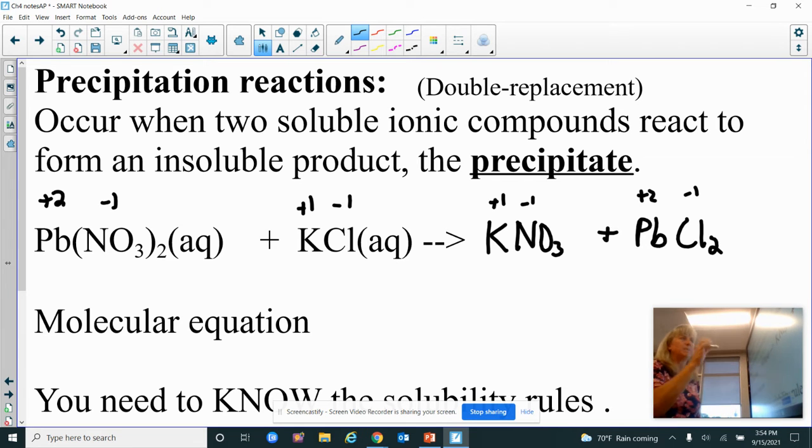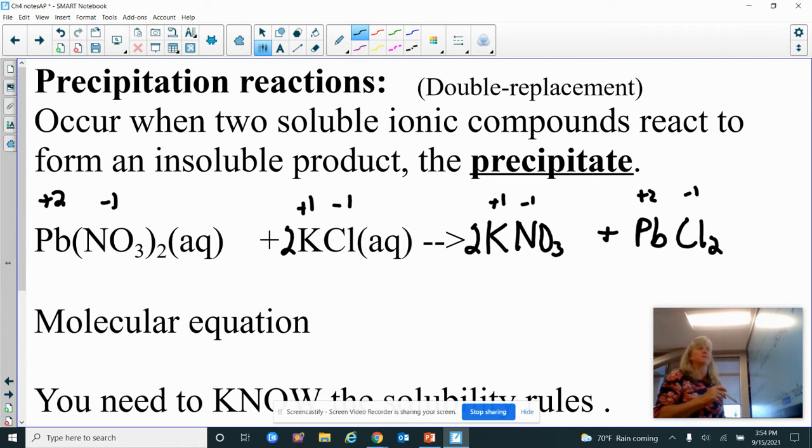Okay, so first I balance my charges to make my products. Then I balance the equation overall. So I'll need a 2 here for the two nitrates on that side and a 2 here for the two Ks. And then I also have two Cls and one lead on both sides. So there's my balanced equation for the double replacement.